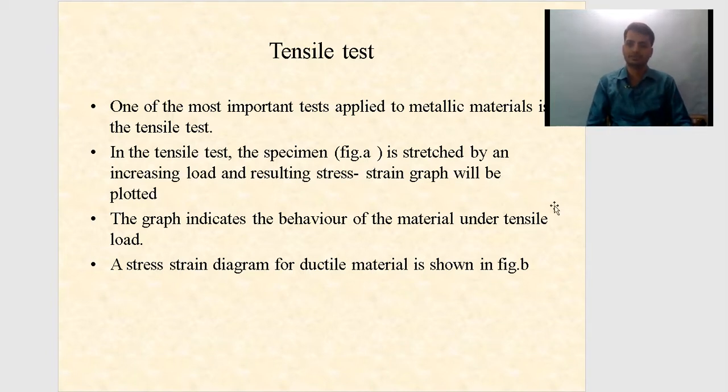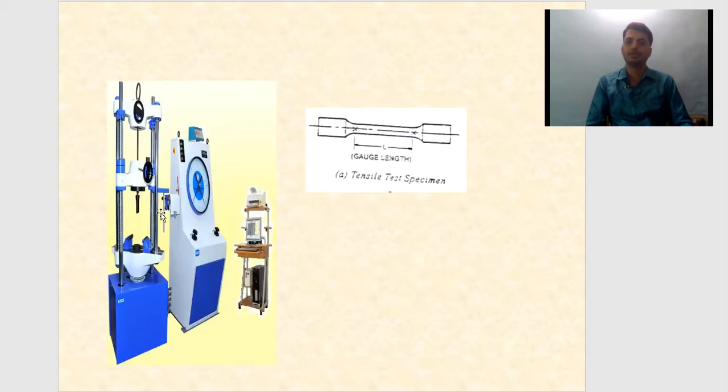So the tensile test is conducted on different machines. One of the most important machines is the UTM. This universal testing machine is used to test tensile properties. See, this is a UTM machine.